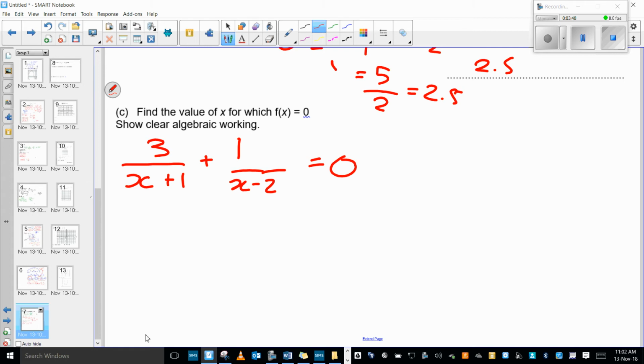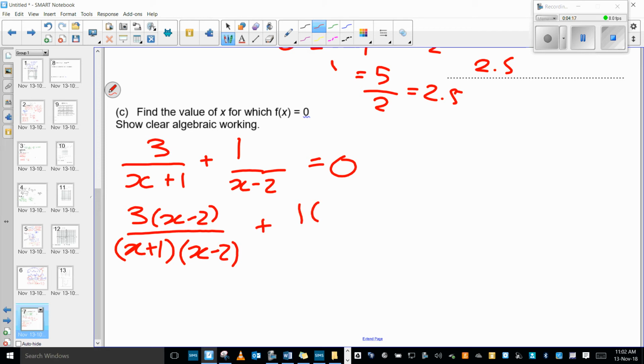So the quickest way I do that is I multiply x plus 1 by x minus 2, and I multiply x minus 2 by x plus 1, and you have to do the same to the bottom and the top. So that will be 3 bracket x minus 2 over (x plus 1)(x minus 2). And for this one, you do 1 bracket x plus 1 over x minus 2.